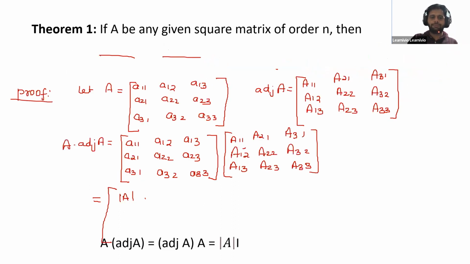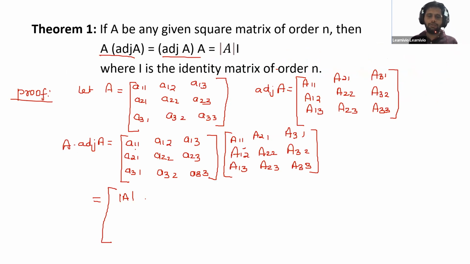Now, can you tell me if you multiply the first row with the second column, what will be the result? It will be A11 into A21, then plus A12 into A22, and A13 into A23. So what will be the final answer if you add these three?